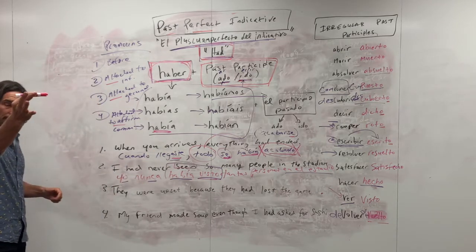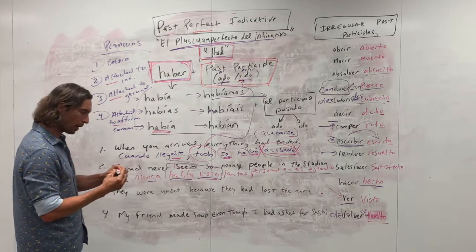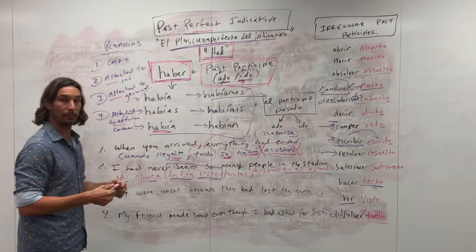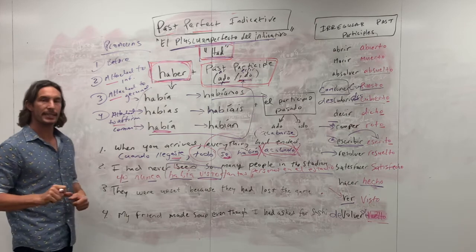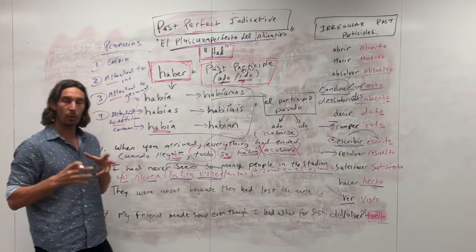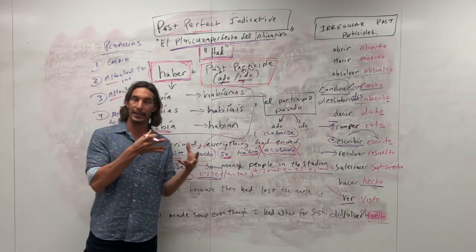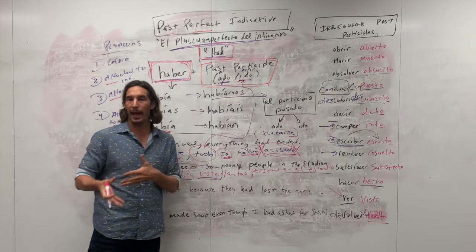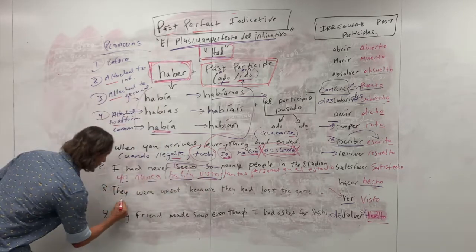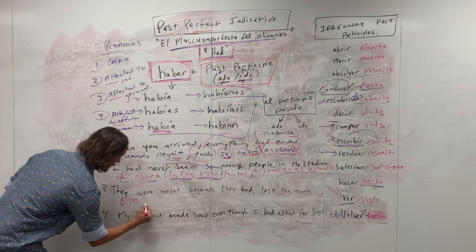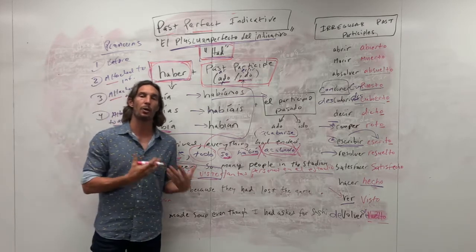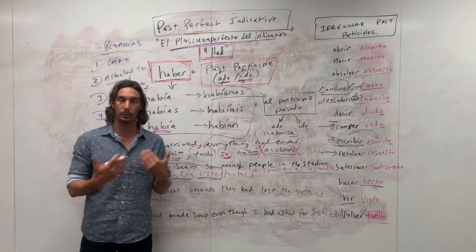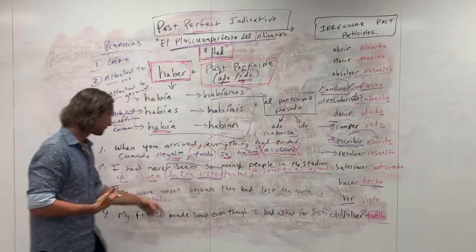So again, I'm going to take this, we're going to call it magenta, pink, magenta, whatever. So they were upset because they had lost the game, right? And so we're going to use estar with a condition, right, in the past. So we're going to go with ellos. Ellos estaban, right? How you feel and where you are, always use the verb estar. So we got to use estar when we're talking about being upset.